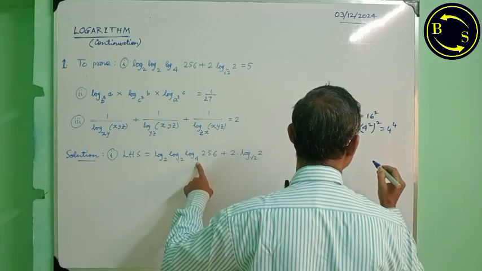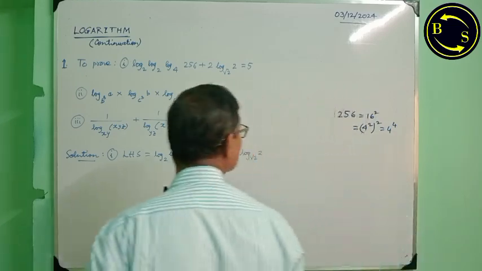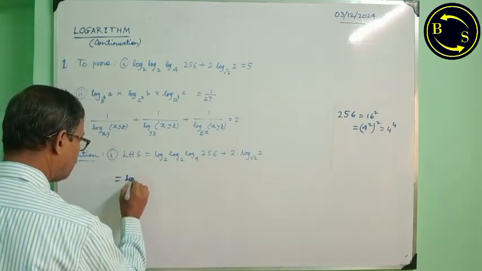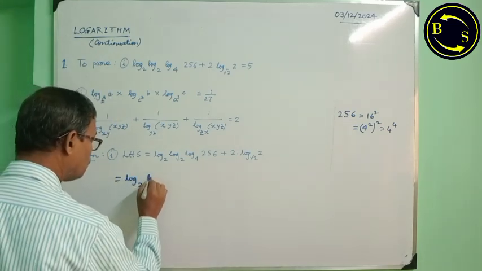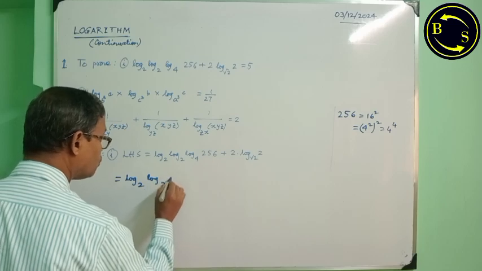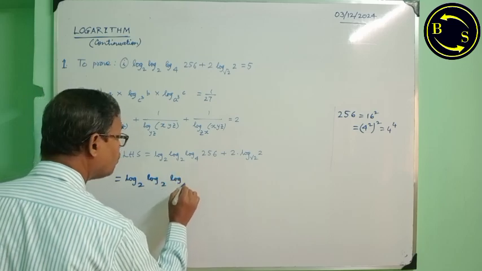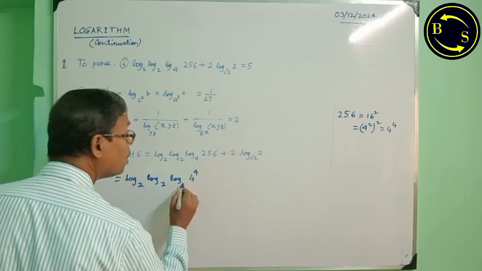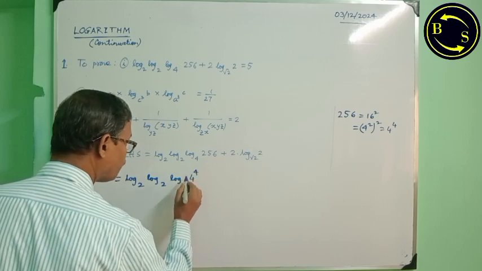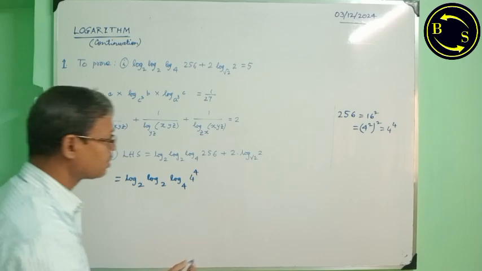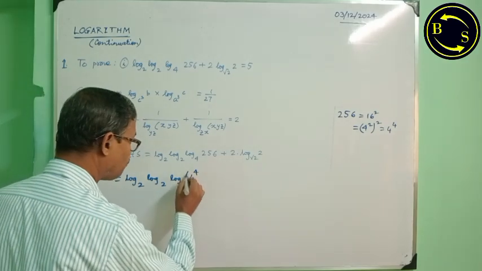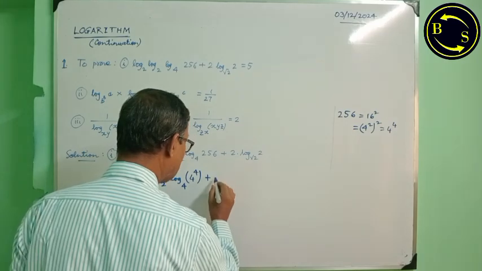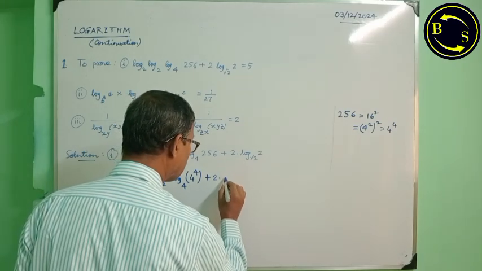As base is 4, we keep this value of 256: log of base 2, log base 2, log of 4 to the power 4 to the base 4. In place of 256, I have written 4 to the power 4.